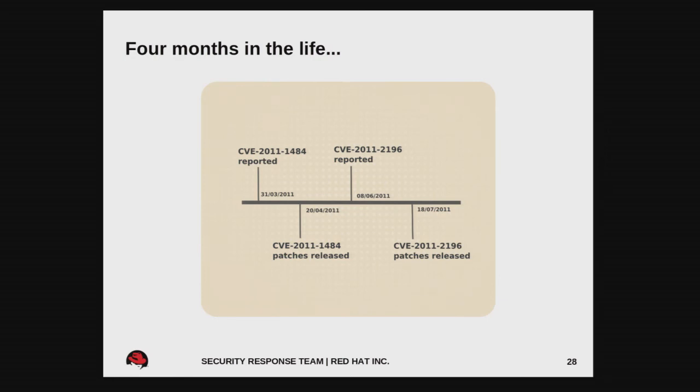But then we found out in June that there was this incomplete patch, so we had to get a new CVE ID, and then in July, we released that patch. So for what was effectively one issue, the work spanned several months. The point there is that it's hard. Not that we got it wrong, but that it's really hard to follow this process all the way through. It's very time-consuming.